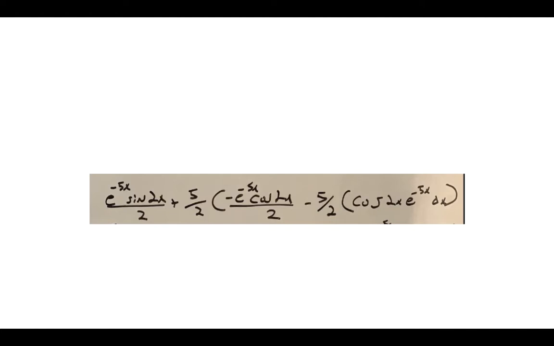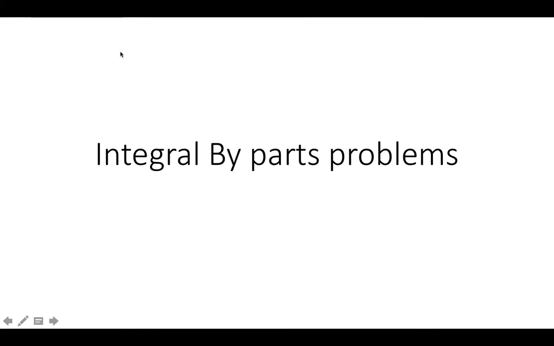Just to go over what I just did. When I integrated by parts 2 times, the second time I found out, after moving everything to the outside, that the integral of cosine 2x e to the minus 5x is the exact same thing that I started off with.